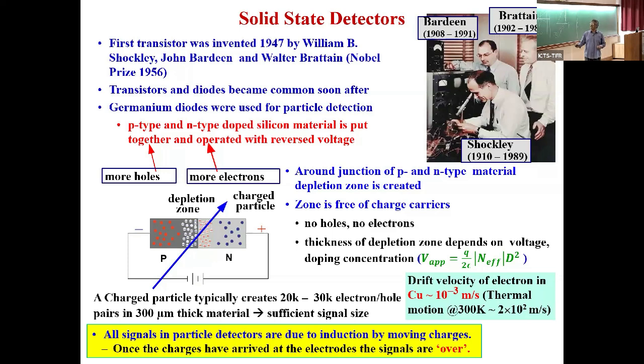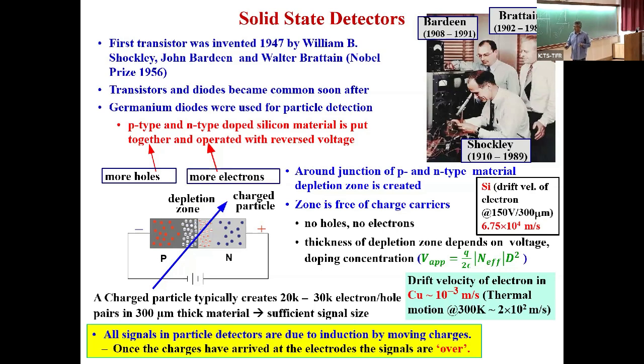But in silicon sensors, we see the signals in 3 to 10 nanoseconds. That 3 to 10 nanosecond time is when the electron and hole drift in the external field across 300 microns, and that gives me my induction signal. So just these two numbers: if it is a millimeter per second in copper, we cannot see the signal this way.